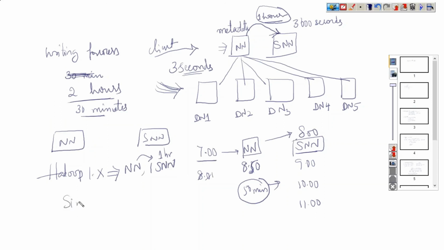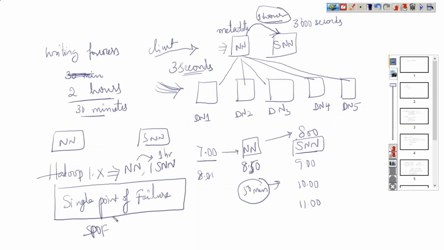This situation is called a single point of failure. What is a single point of failure? If the name node is down, we simply lose the data. That's it, nothing else. Why? Because the secondary name node can have the backup only for every 1 hour.